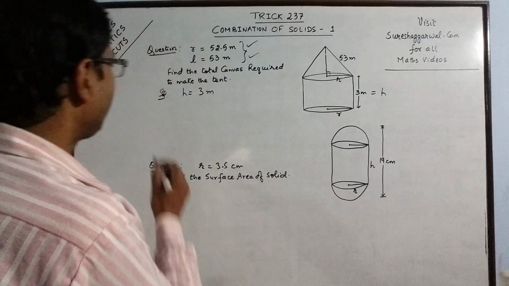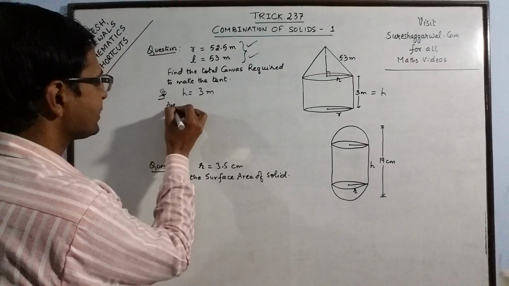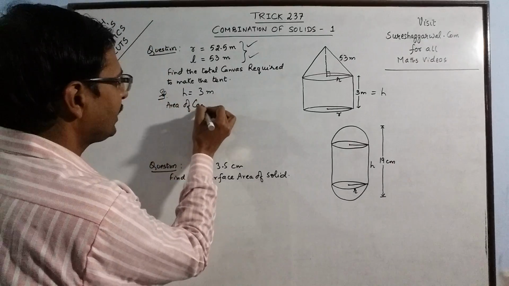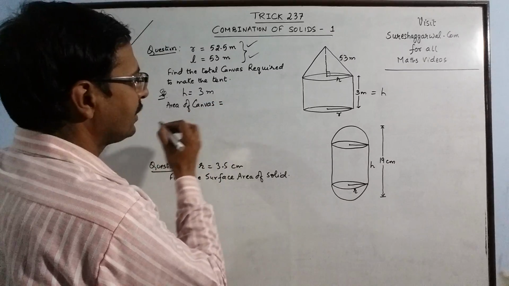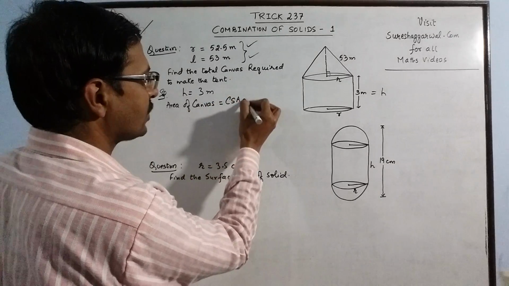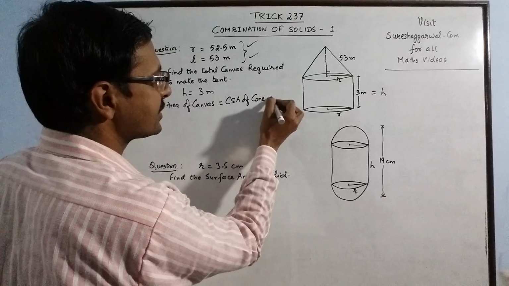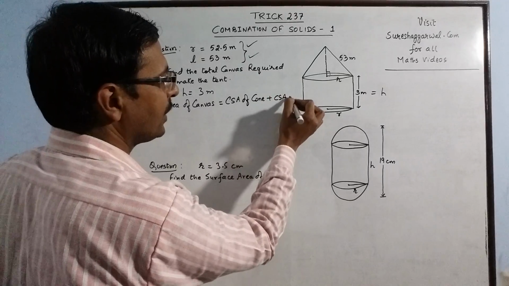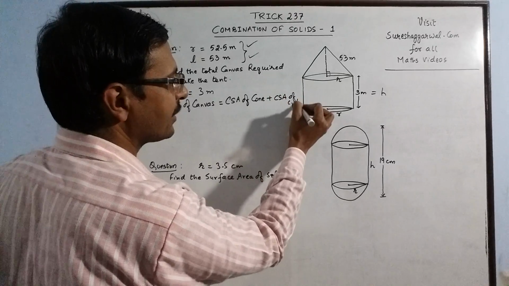So to find the area of canvas, you just need to add the curved surface areas of the two figures: CSA of cone plus CSA of cylinder.